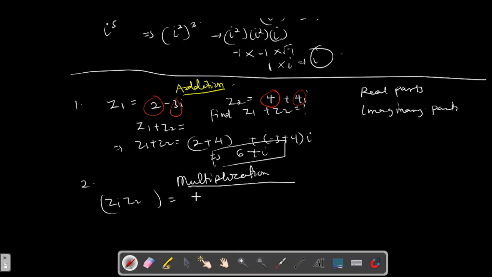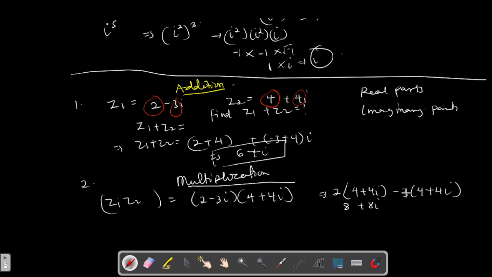You multiply (2 minus 3i) by (4 plus 4i). 2 will multiply the entire 4 plus 4i, and -3i will also multiply 4 plus 4i. What do we get? 2 times 4 is 8, plus 8i, minus 12i, minus 12i squared.